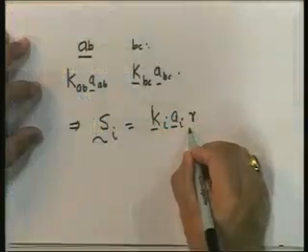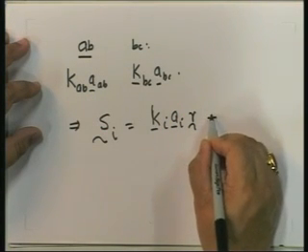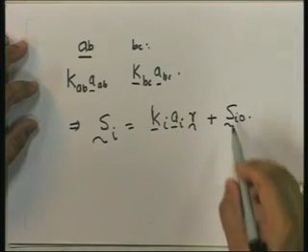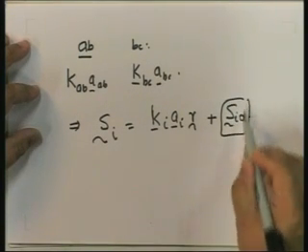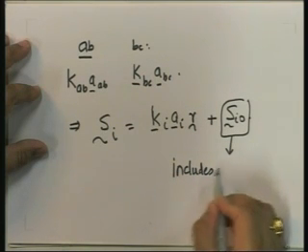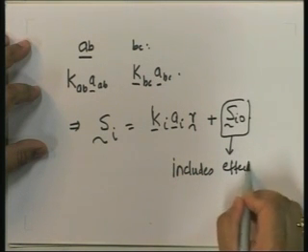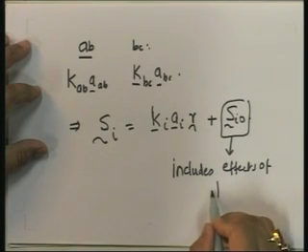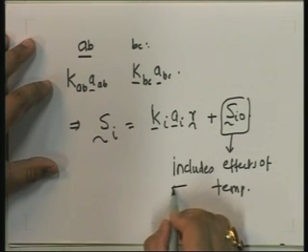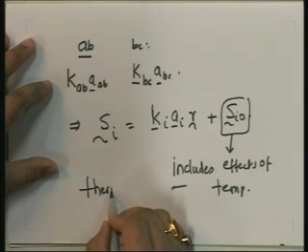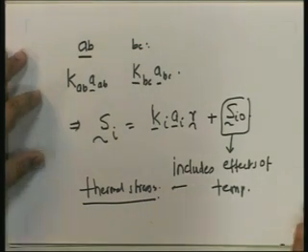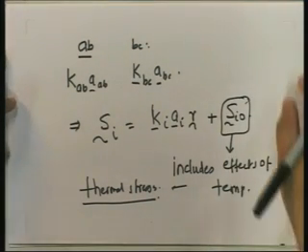And all that happens is once you have this, this becomes this. Where this now includes effects of temperature, which means thermal stresses. Okay, so this includes the effects of temperature.